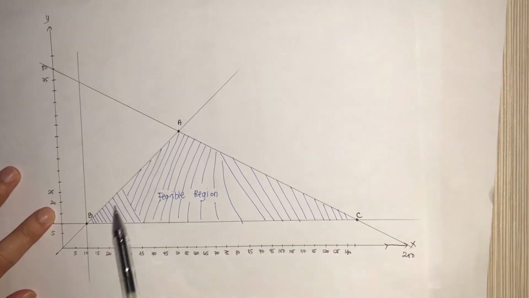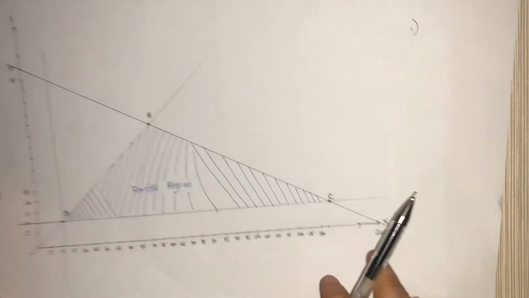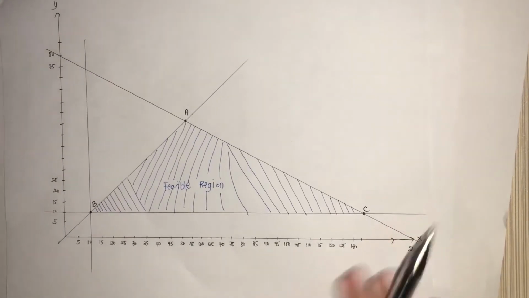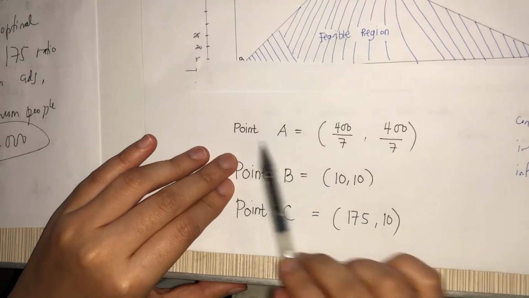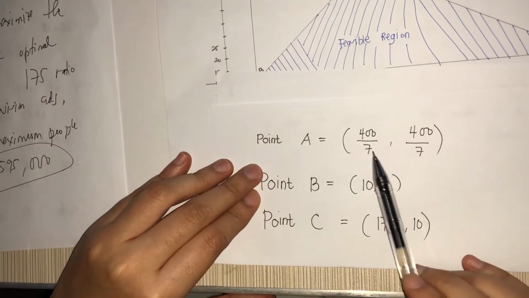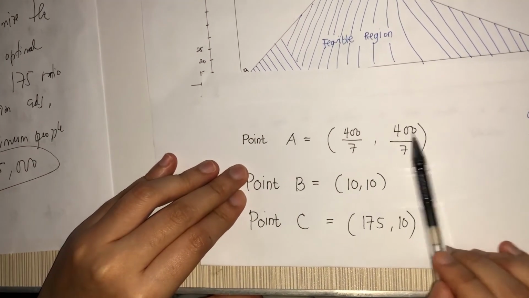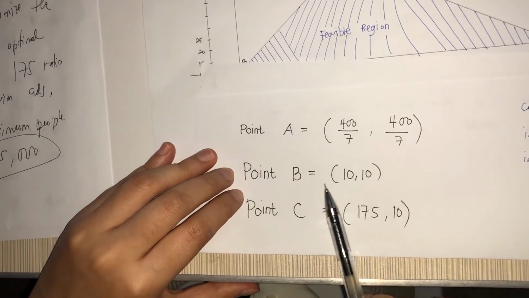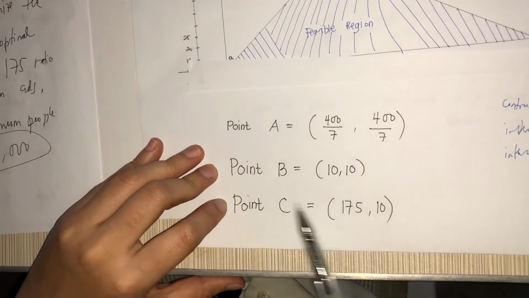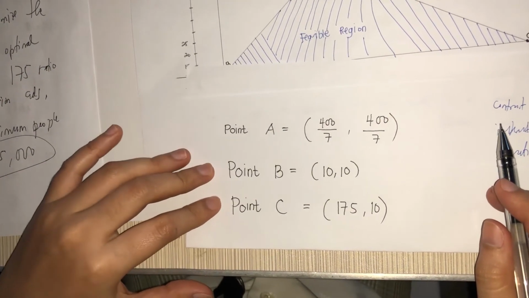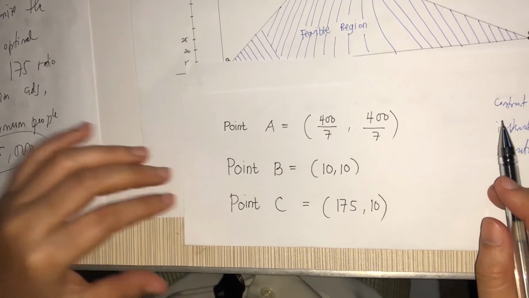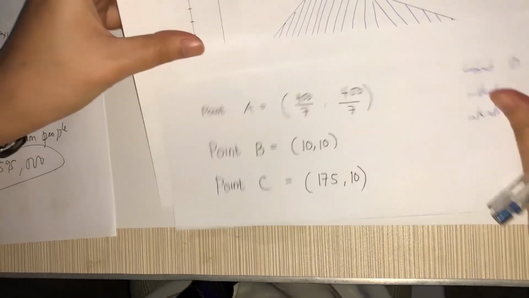And the intersection of constraints 2 and 1 is point C. So we have here the coordinate points. For point A, we have 400/7 and 400/7. Point B is 10 and 10. Point C is 175 and 10. These were solved by algebra using the elimination method.